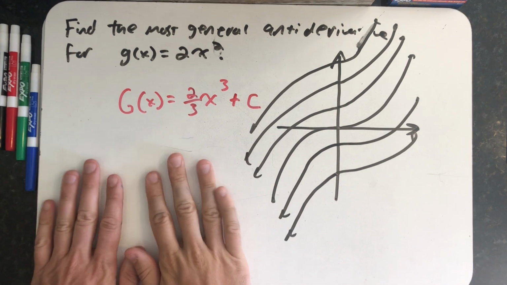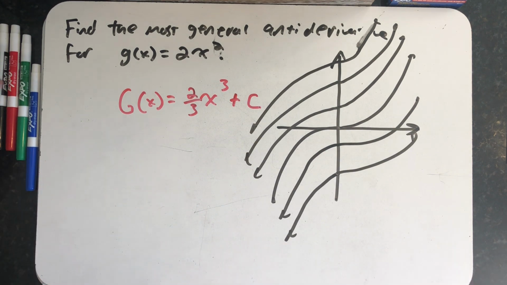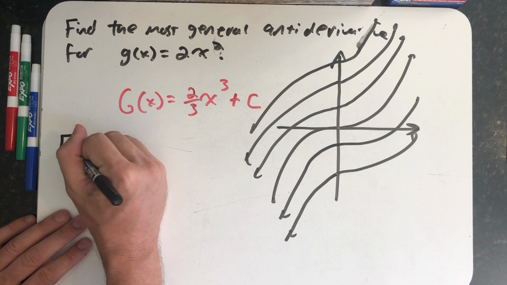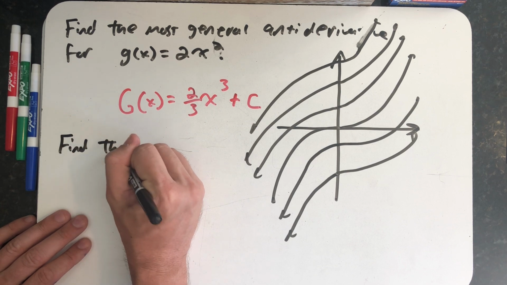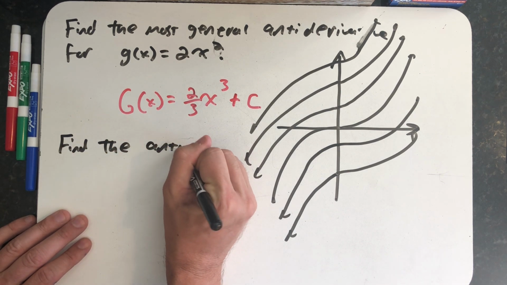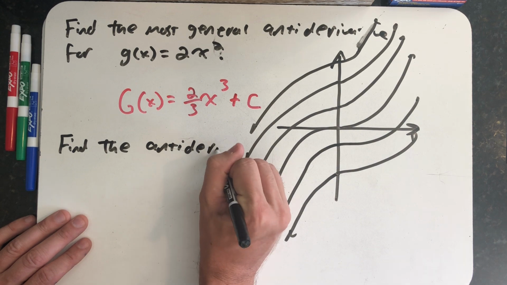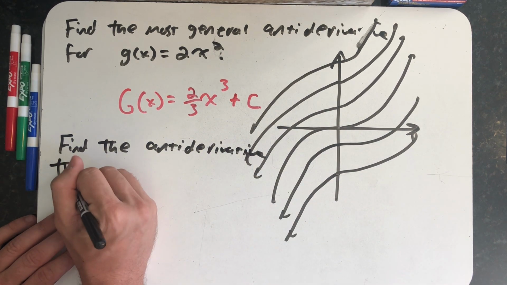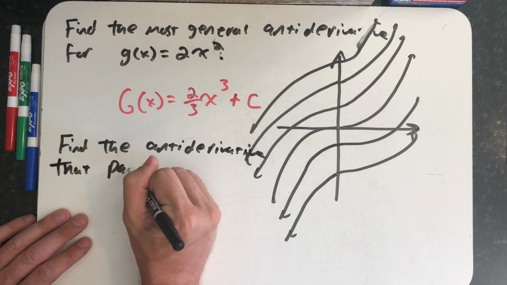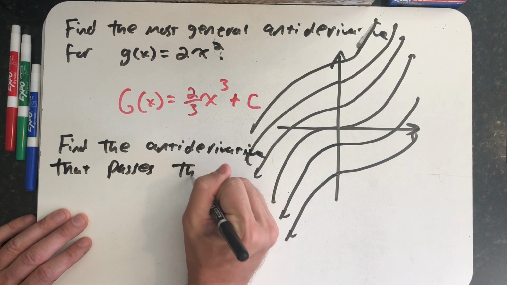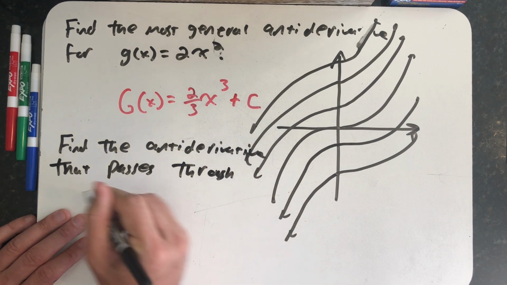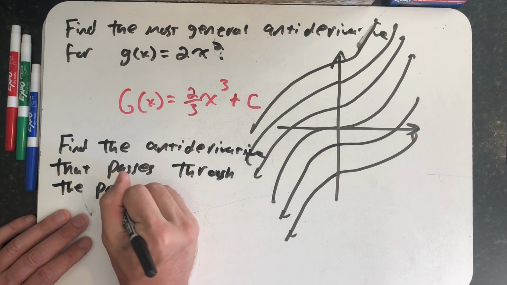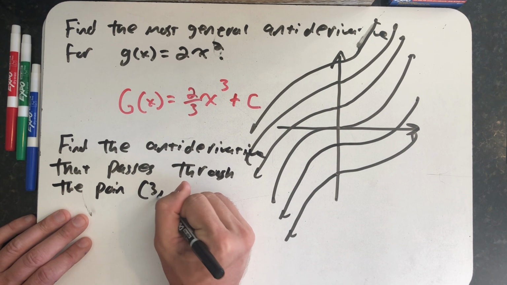Well, let's ask one more question and see if we can find an answer. Find the antiderivative that passes through the point 3, 4.